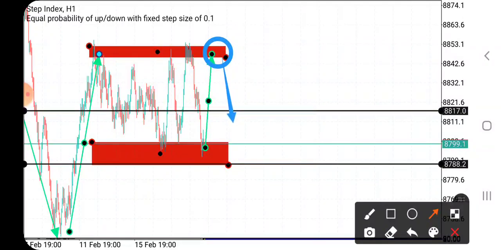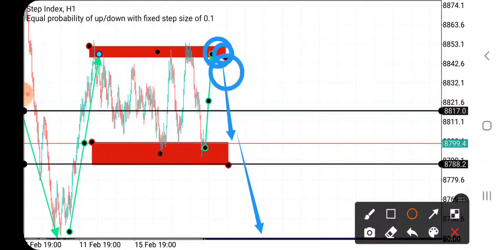Do you know why? The price is likely to break out from this zone going down. So if you are selling at this point and the price moves down and breaks out of here, you are still in profit, you are making more money.